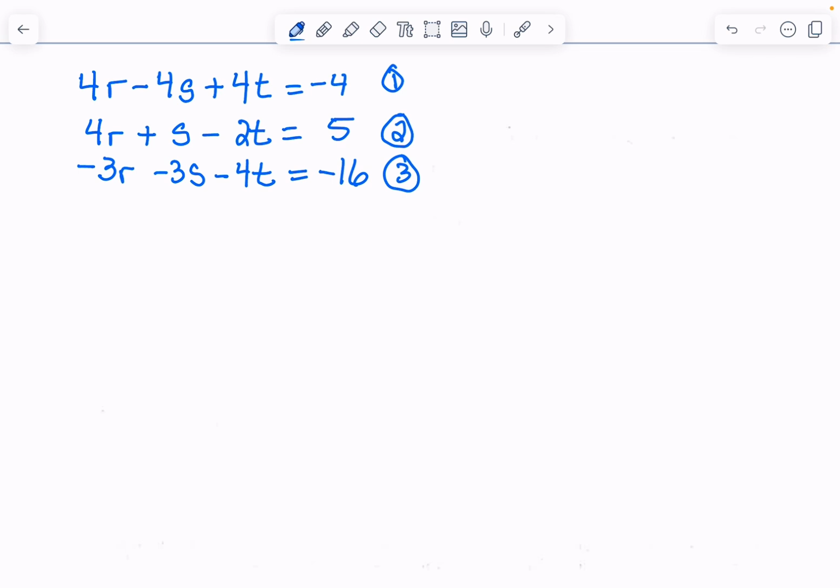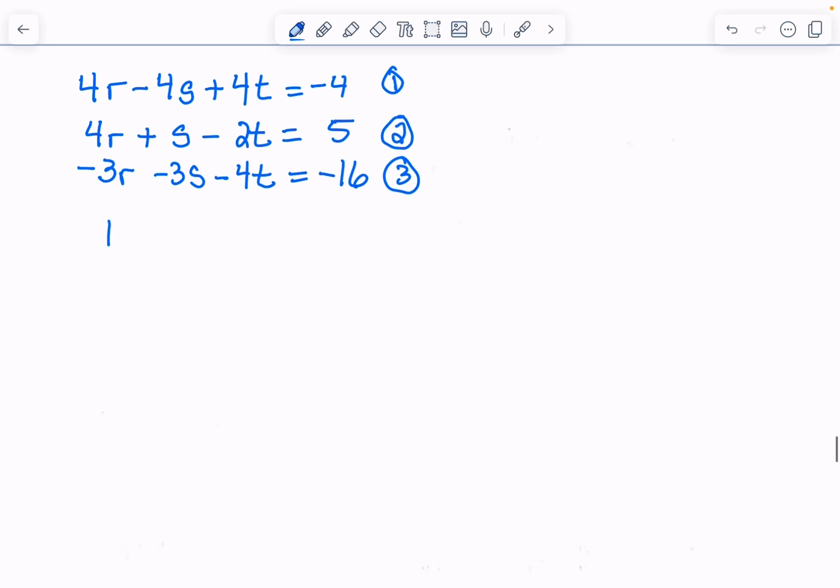So the cool thing is number 1 and number 3 have the opposite signs, right? So I could just add those two. So I'm going to add 1 plus 3. So I have 4r minus 4s plus 4t is equal to -4.